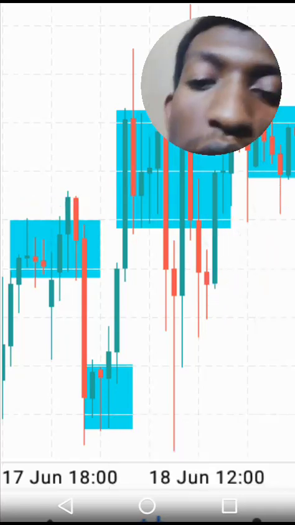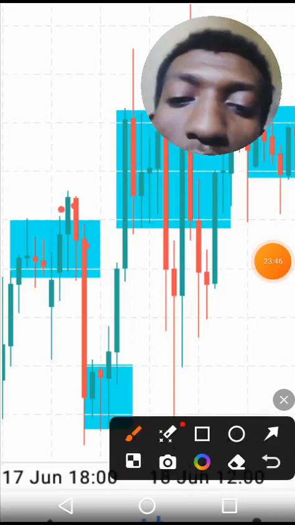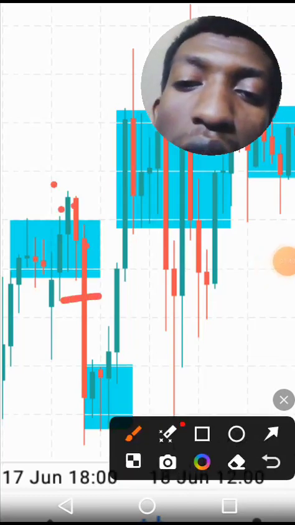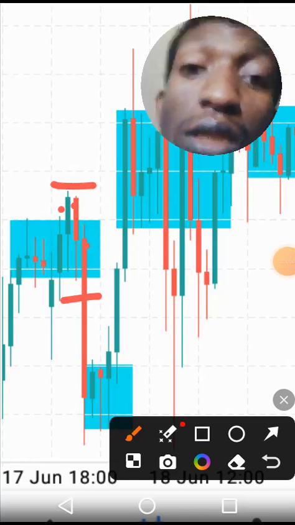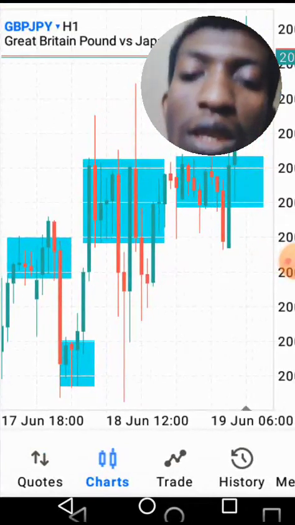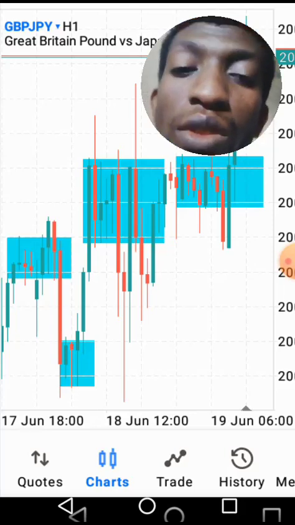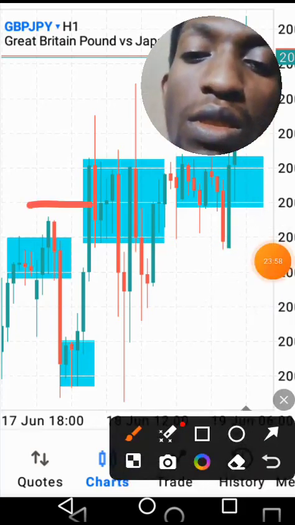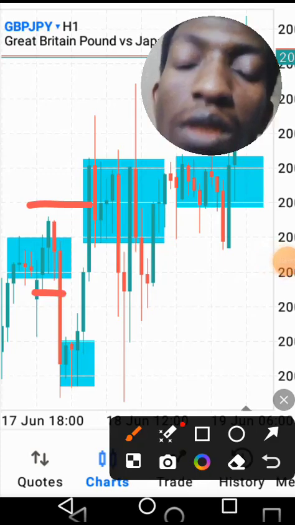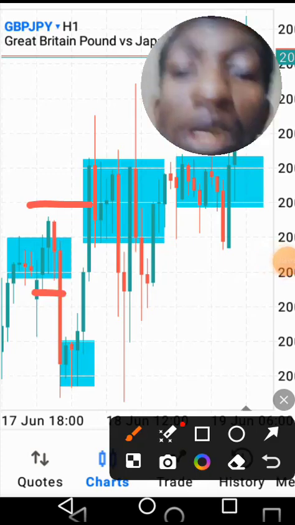Then we found another black box there. See? Is that a sell? That's risky. That's a huge stop loss. That's a huge risk.